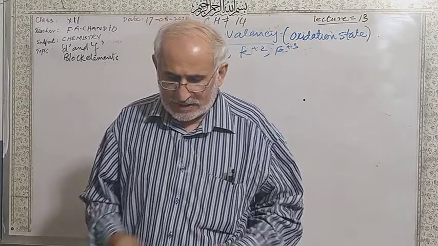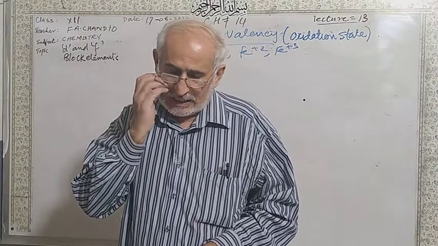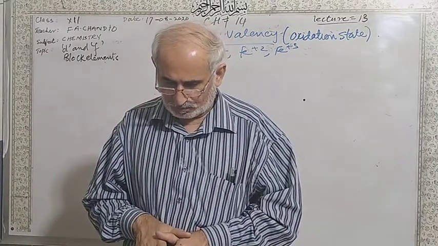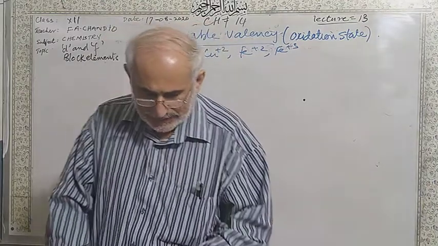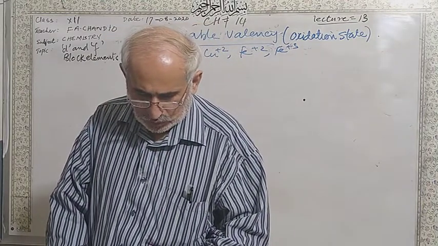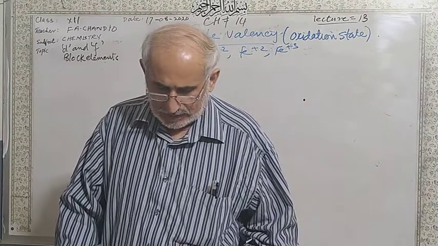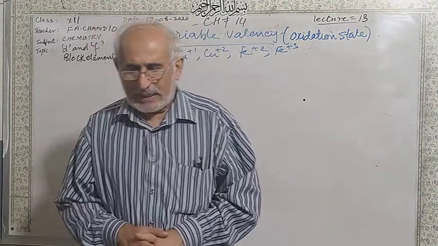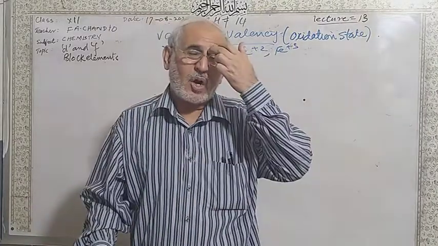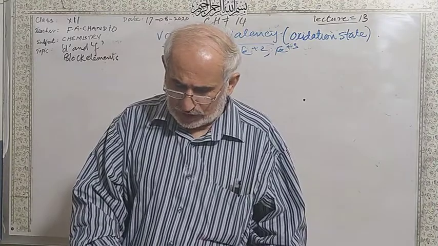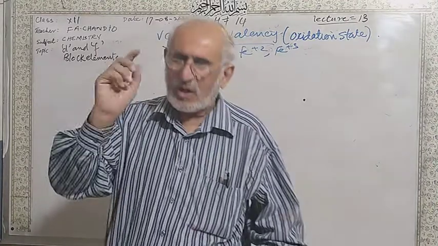Among the 3d series, if you see the unpaired electrons in manganese, the unpaired electrons are 1, 2, 3, 4, 5. The more unpaired electrons, the higher the oxidation state. So manganese shows +1, 2, 3, 4, 5, 6 and 7 oxidation states.